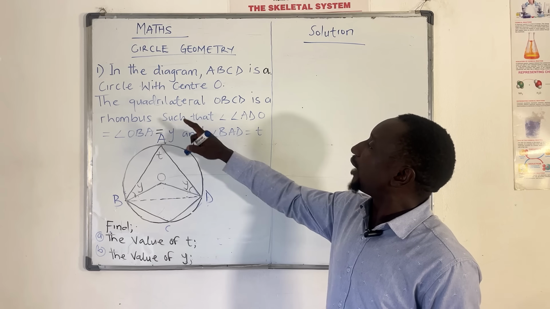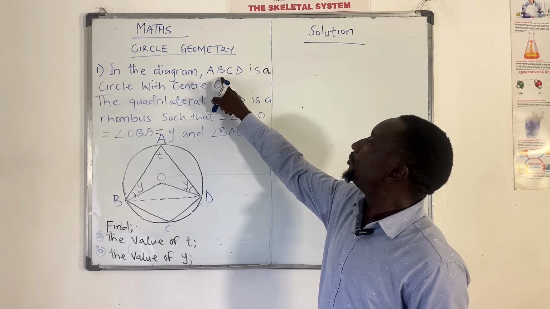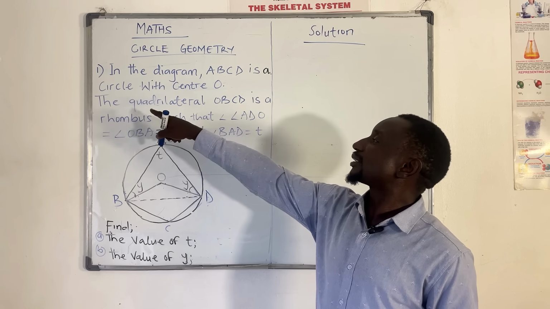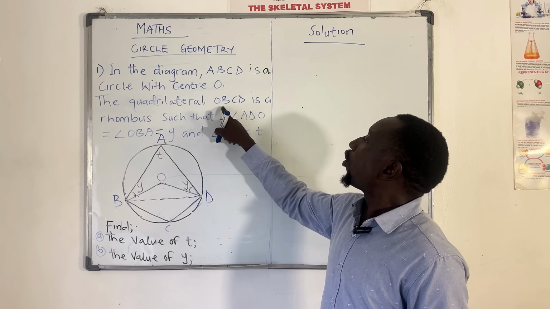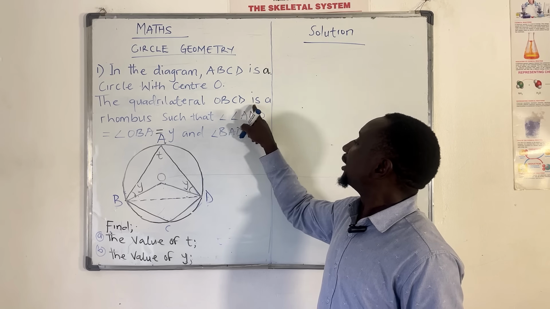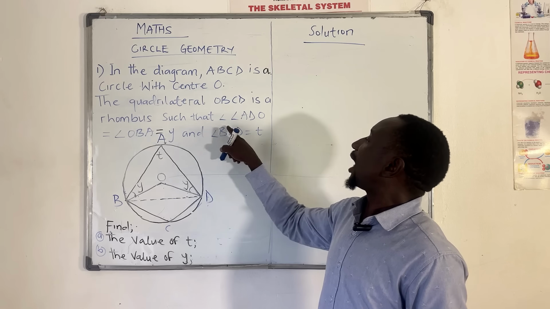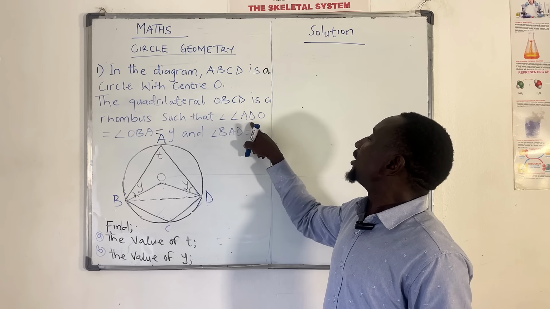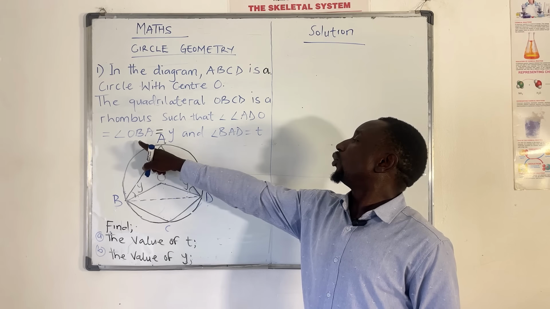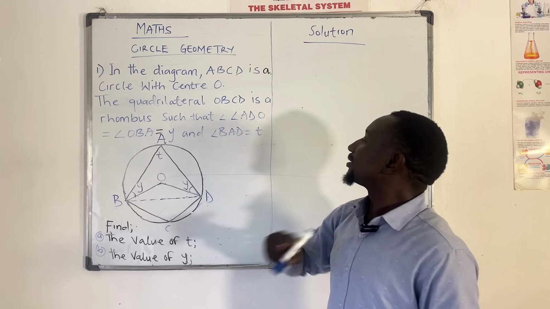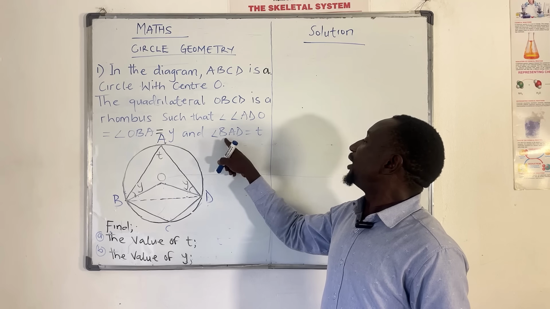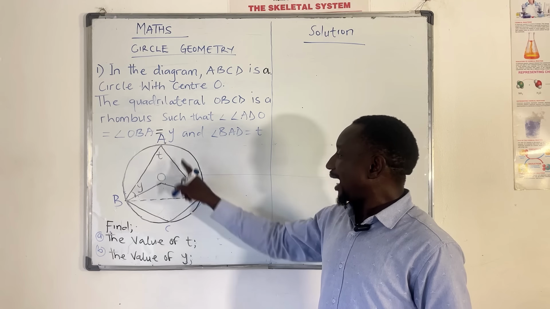On the board, in the diagram, ABCD is a circle with center O. The quadrilateral OBCD is a rhombus such that angle ADO is equal to angle OBA and is equal to Y, and angle BAD is equal to T, as you can see on the board.